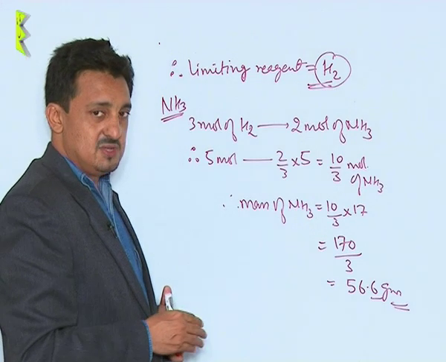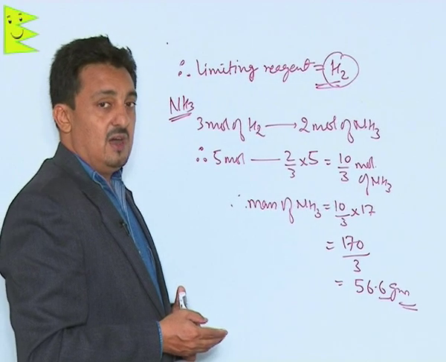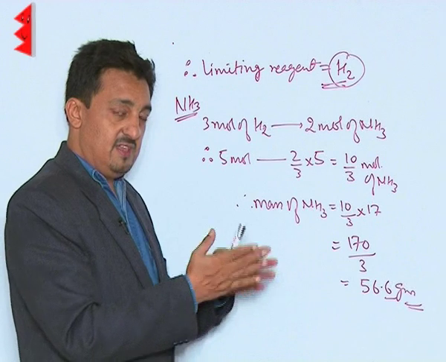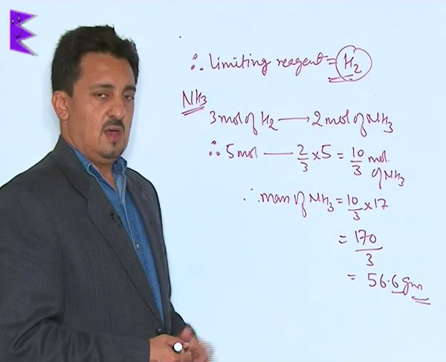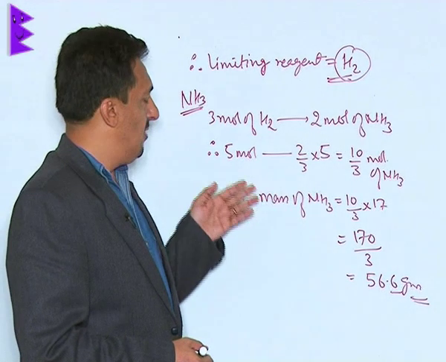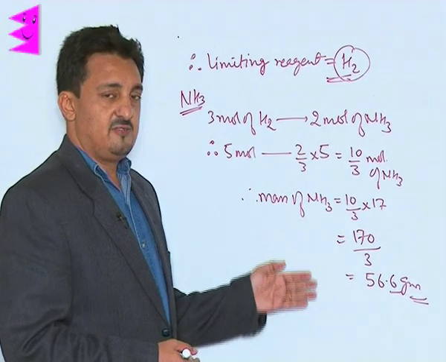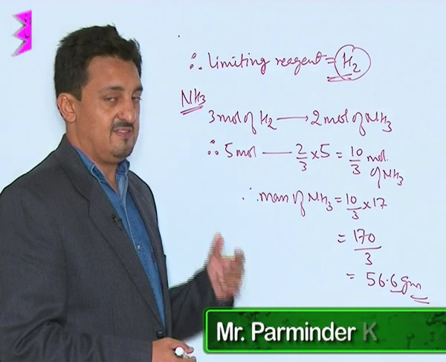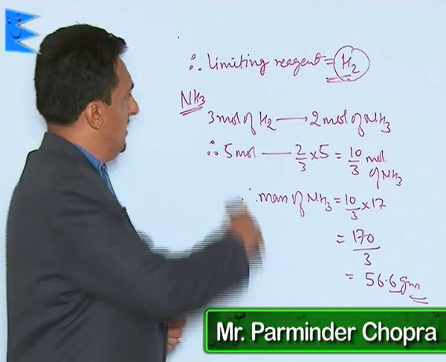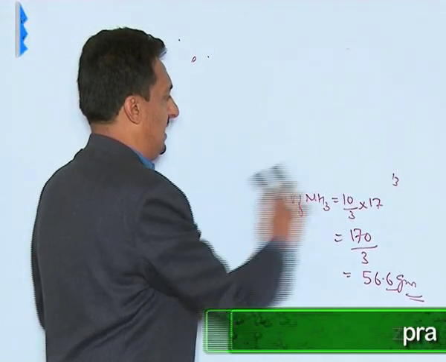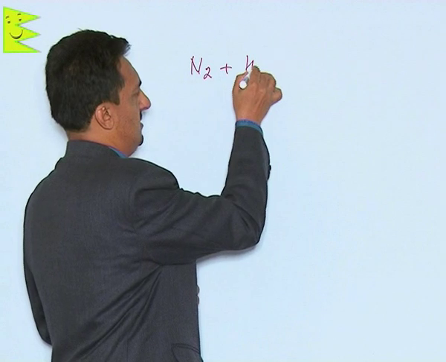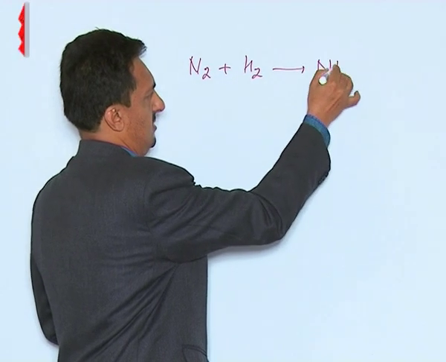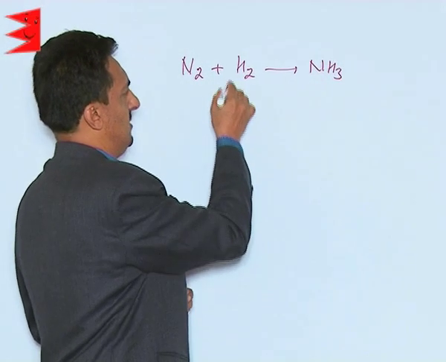Now let us find out how much of the nitrogen, which was the reactant present in excess, is left out in the reaction mixture. Now after finding out the amount of ammonia obtained, let us find out how much nitrogen remains unreacted. See, in the numerical, nitrogen combines with hydrogen to give you ammonia.